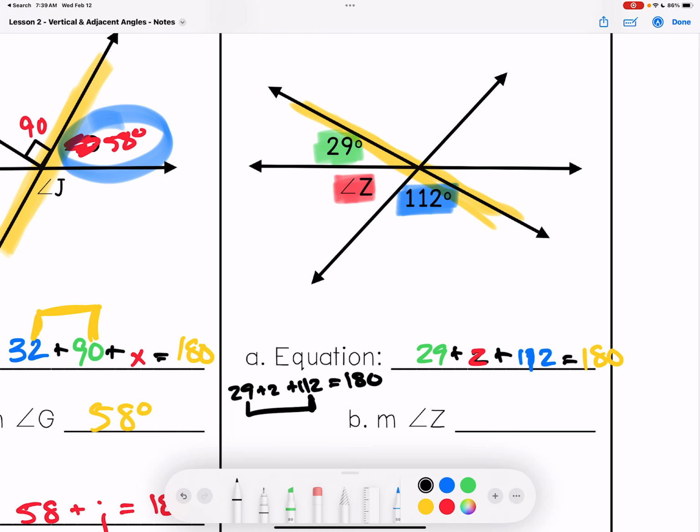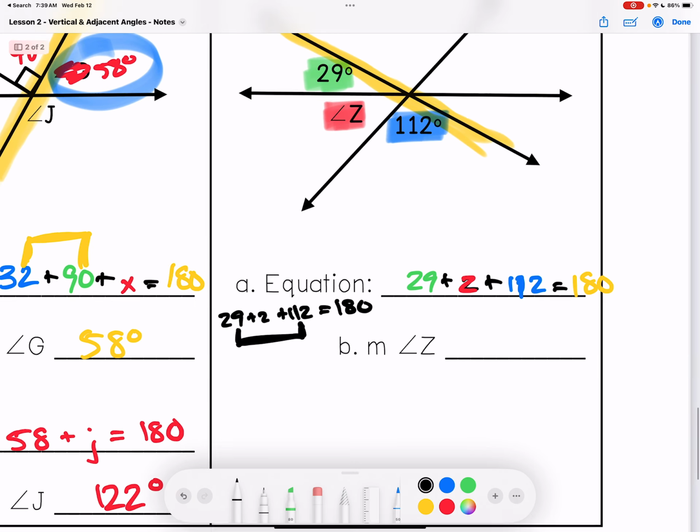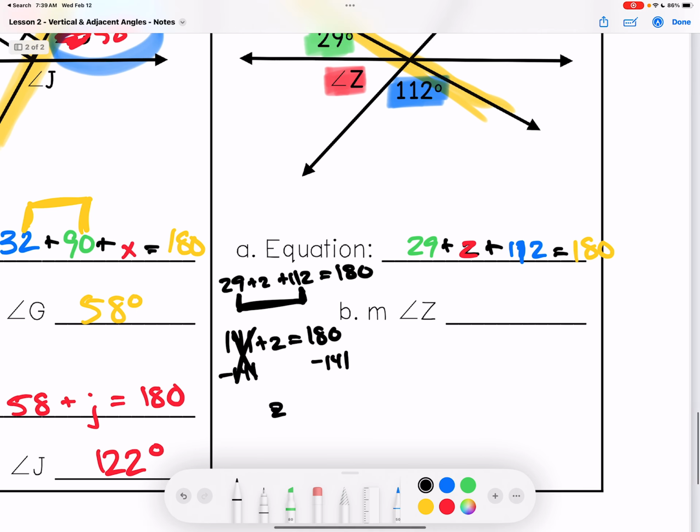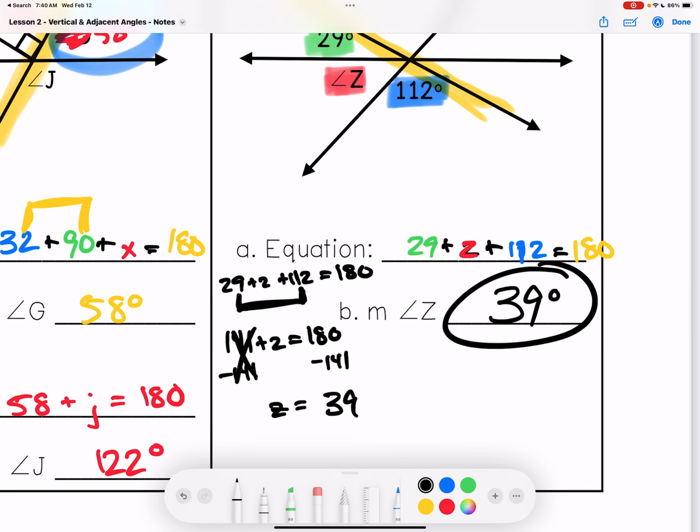All right, so you're going to add these up. And when you do that, you're going to get 141 plus Z equals 180. Subtract 141 from both sides. Those go away. I'm left with Z equals 39. So the answer is 39 degrees.